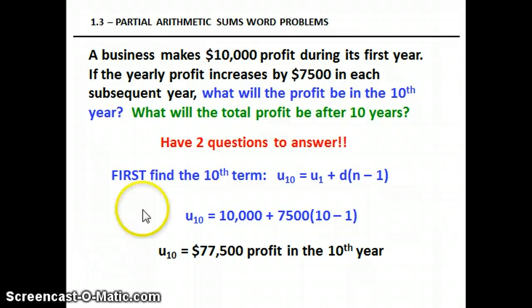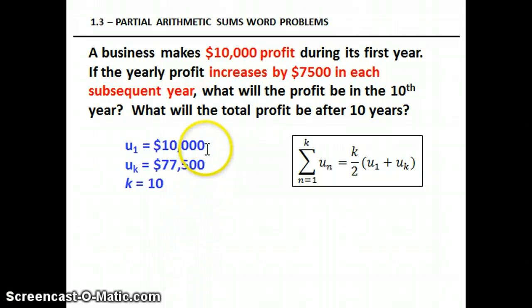Okay. To answer that first question, you needed your first term and your common difference, which is $7,500. So if we plug those into our formula, we should get $77,500 profit in the 10th year. So again, now we're going to use the other formula to find that partial sum and see what they earn if we add it together for all of those 10 years.